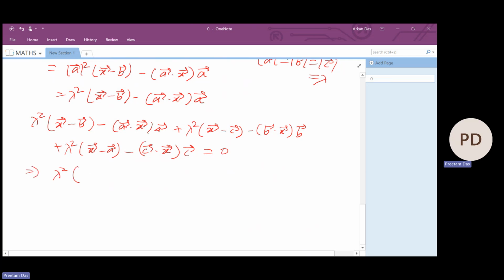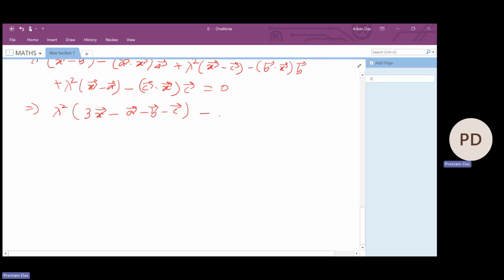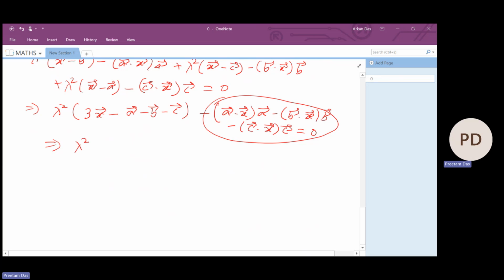So we can write this as lambda square 3x minus A minus B minus C, taking the lambda square terms together and the other terms combined to become A dot x A minus B dot x B minus C dot x C equal to 0. Now, what will this quantity be? If you try to find the value of this quantity, this quantity will come out to be lambda square x vector equal to 0.